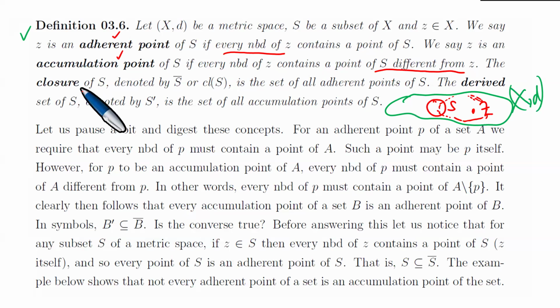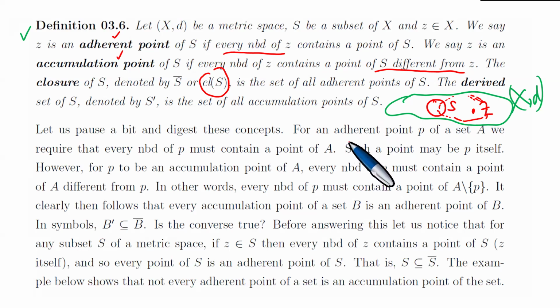The closure of S, denoted by S bar, or cl(S), is the set of all adherent points of S. The derived set of S, denoted by S prime, is the set of all accumulation points of S. So this is very, very important.